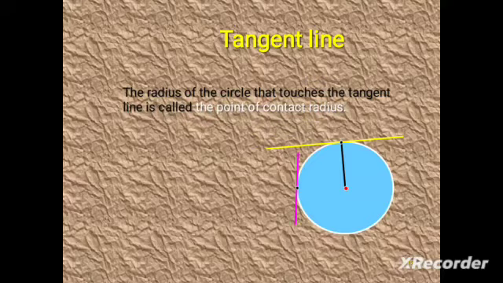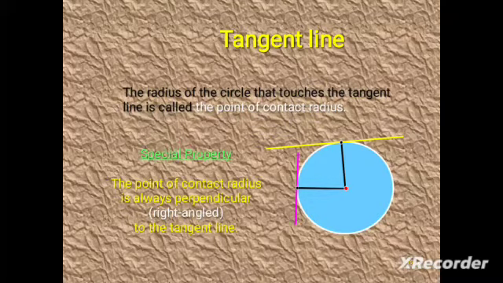Now, from the center of this circle, that is dotted red, to the tangent yellow line, you form a radius, and again from the same center to the purple line you form a radius. Now, special property, the point of contact radius is always perpendicular.